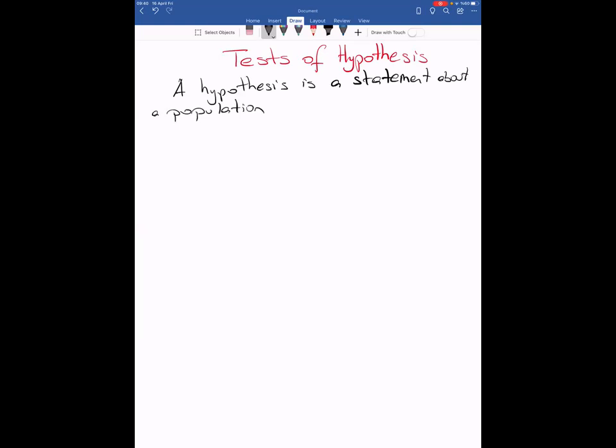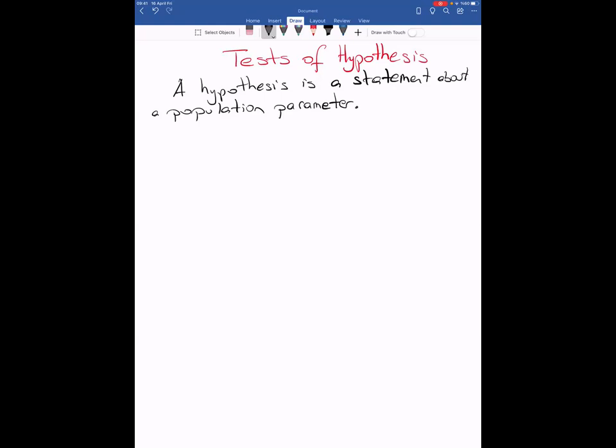This can be a linear or non-linear model, and you try to estimate the values of the unknown parameters in simple linear regression, multiple linear regression, or logistic regression. So we have a hypothesis there: beta i equals 0, it should not be in the model, or not equal to 0, it should be in the model. Usually we consider a two-sided test in that case, but we are doing hypothesis testing.